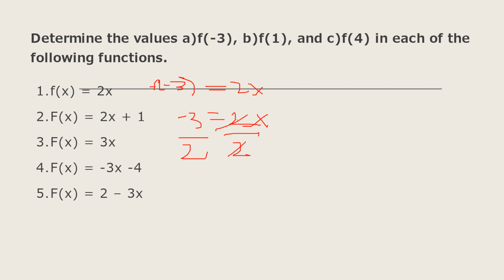Okay. X is equal to negative 3 over 2 or negative 3 halves. Okay. Now the first is only number 1.